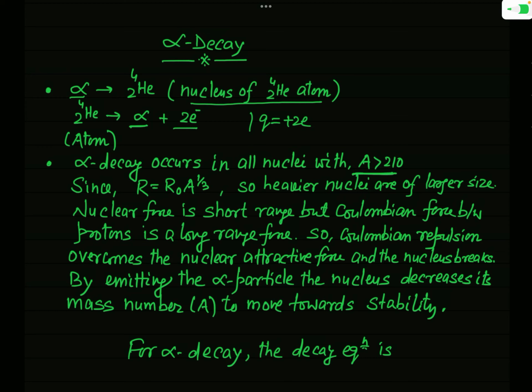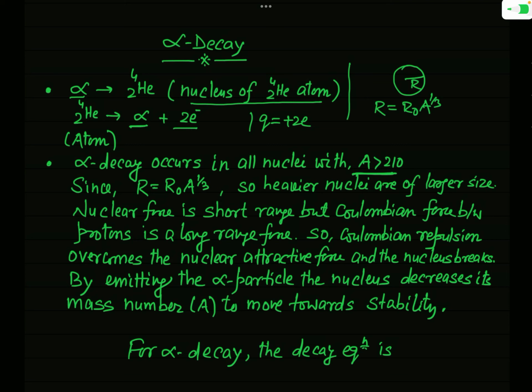In fact, you know that the size of a nucleus depends on its mass number. You have studied these things in nuclear properties. In the case of a spherical nucleus, the radius R depends on its mass number and is given as R equal to R naught A to the power 1 by 3.